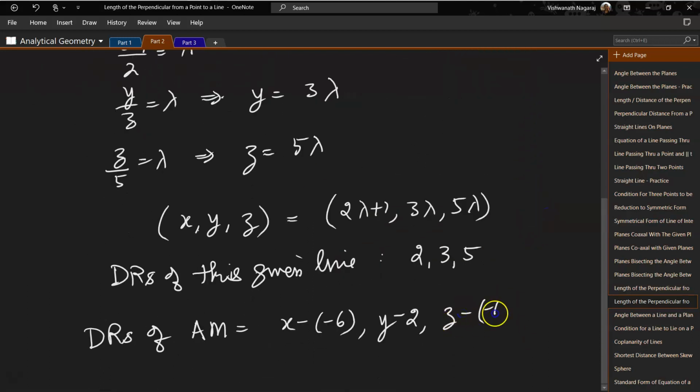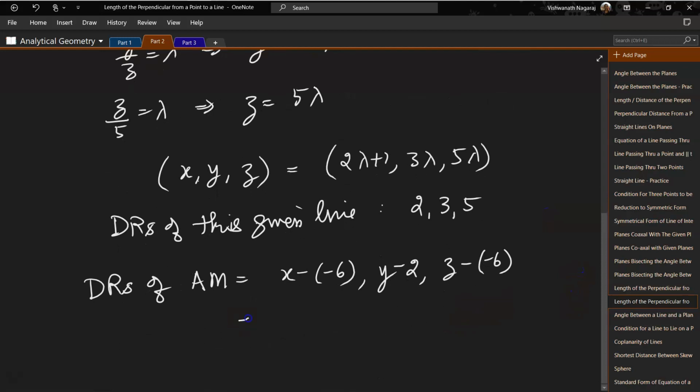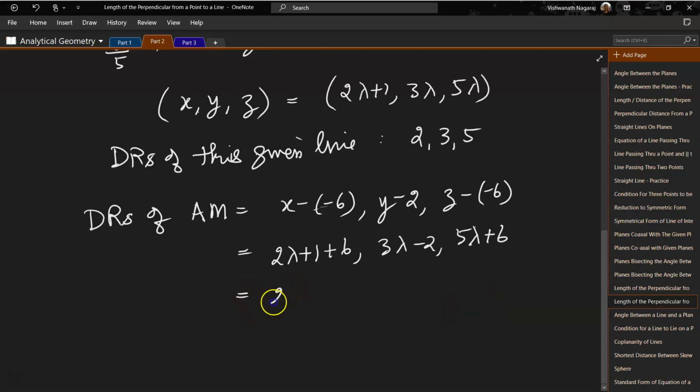Right? So x is, remember, 2 lambda plus 1, and this becomes plus 6. y is 3 lambda minus 2. z is 5 lambda plus 6. So this becomes 2 lambda plus 7, 3 lambda minus 2, and 5 lambda plus 6.